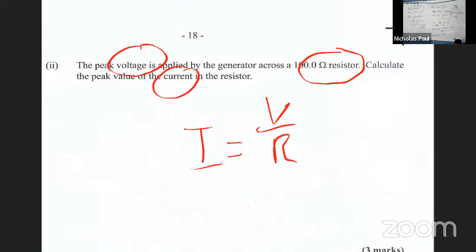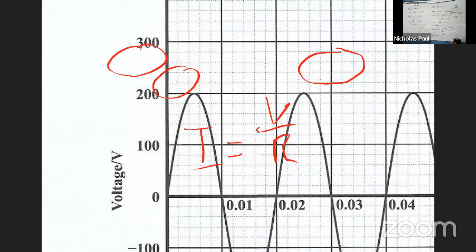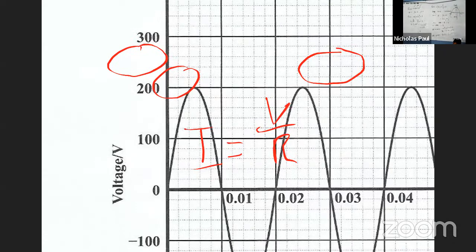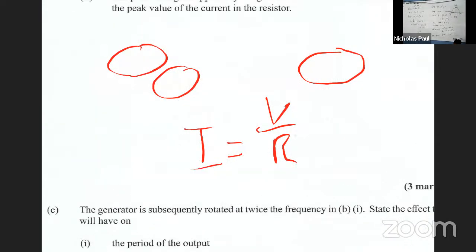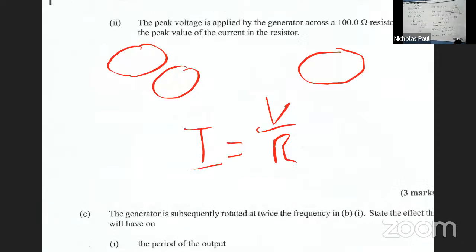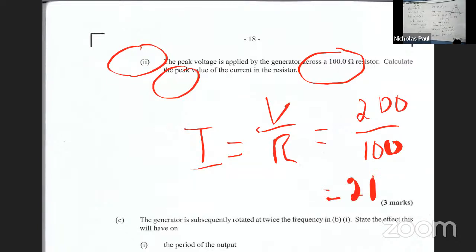What was the peak voltage? The peak voltage here is how much? 200, right? So let's work that out quick. The peak voltage is 200 and the resistance was 100. So the current flowing is 2 amperes.